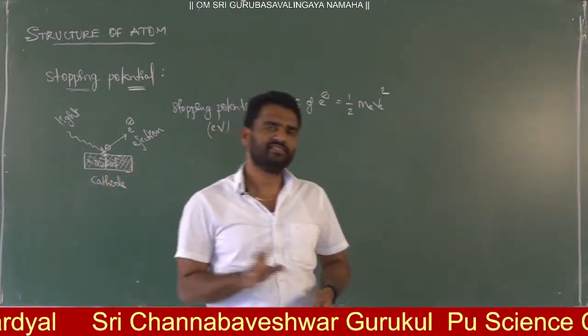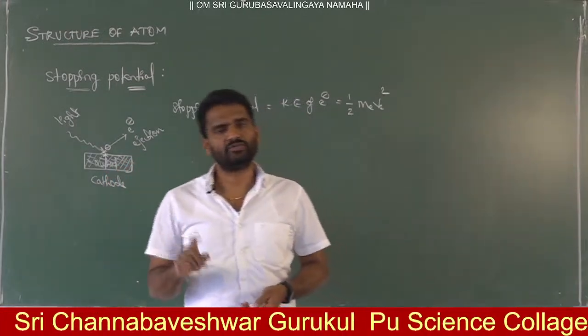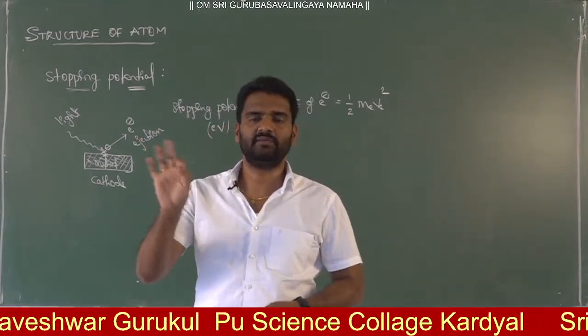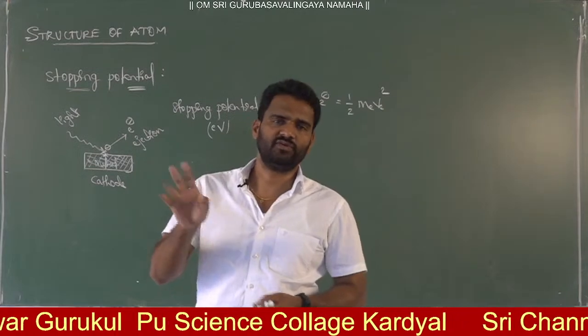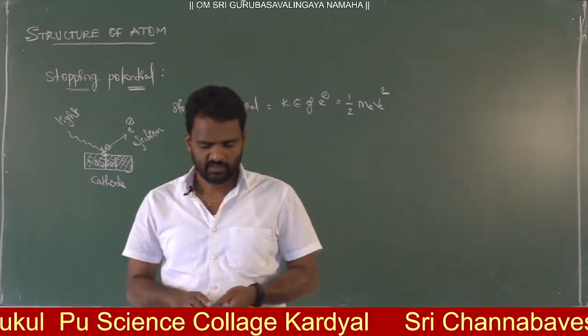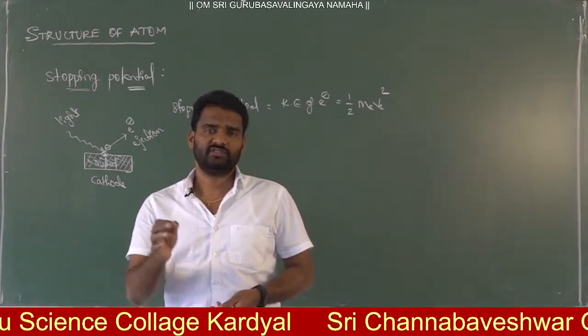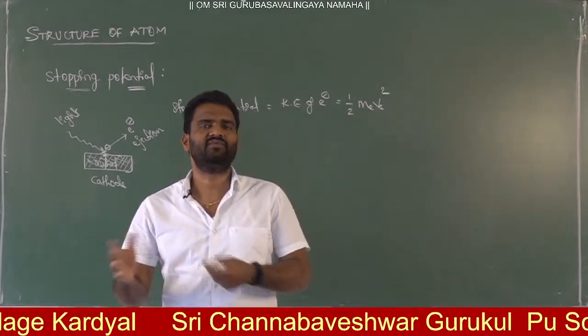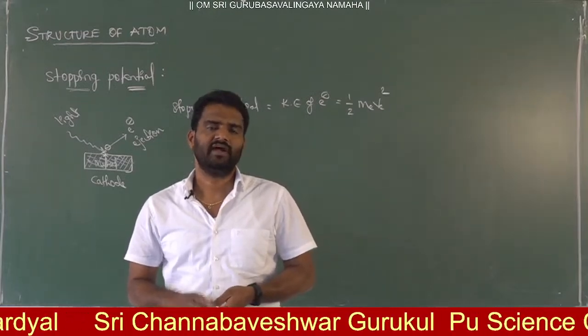Next, isoelectronic species. Isoelectronic species have the same number of electrons; we take them based on electrons only. They are particles or ions having the same number of electrons but different atomic number and different mass number.